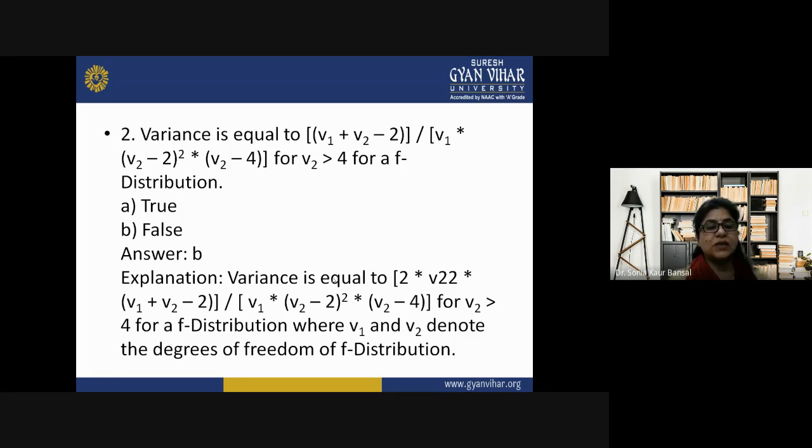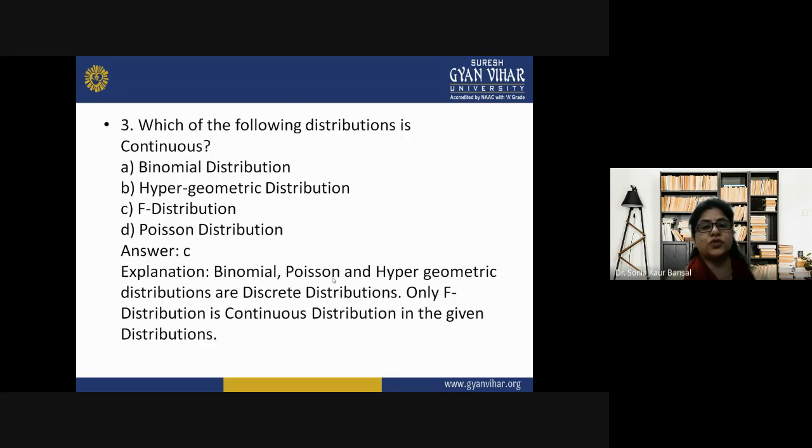The correct answer is false, because variance is equal to 2 multiplied by V2 squared multiplied by V1 plus V2 minus 2, divided by V1 multiplied by V2 minus 2 squared multiplied by V2 minus 4, where V1 and V2 denote the degrees of freedom for F distribution.